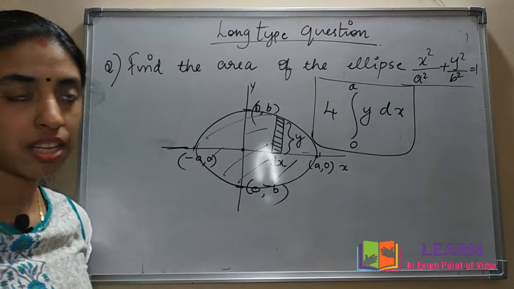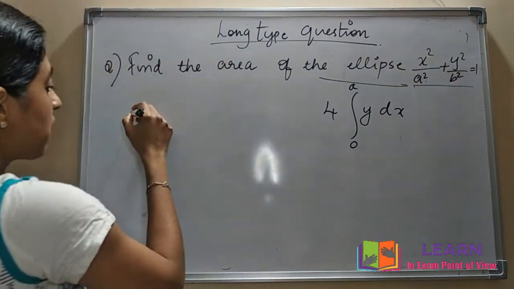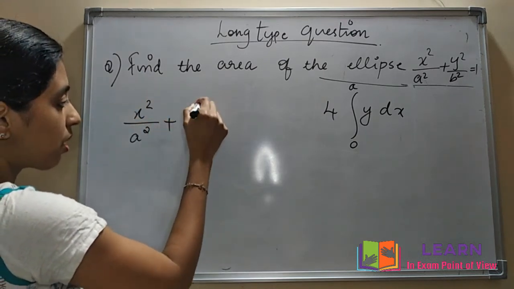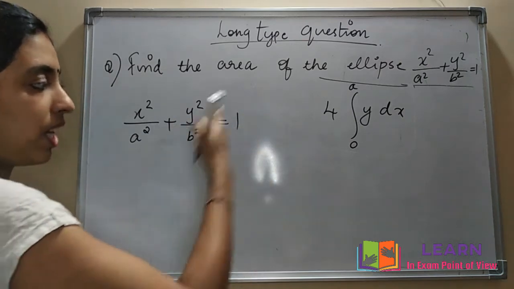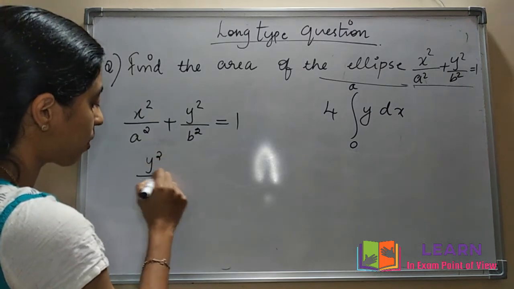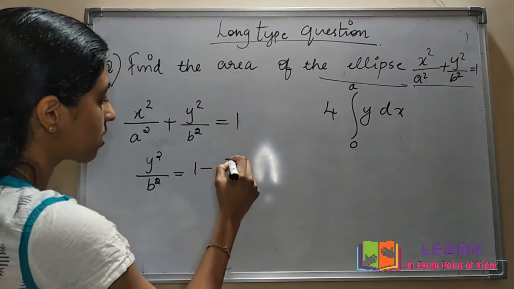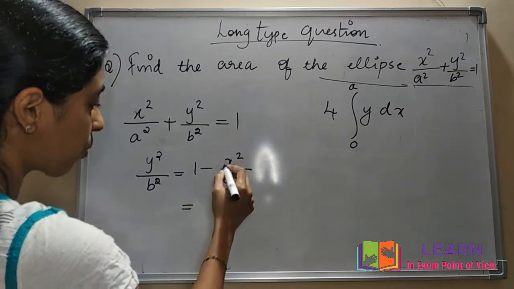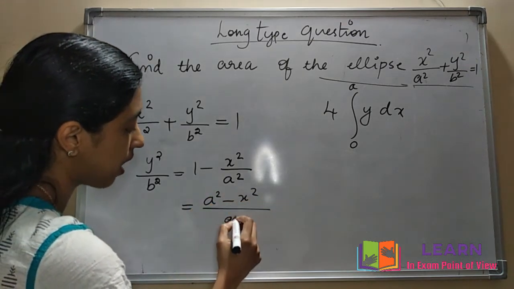So what is y? Find y from the equation x square by a square plus y square by b square equal to 1. Keep the y term here, y square by b square, and move everything to that side: 1 minus x square by a square, which is a square minus x square by a square.